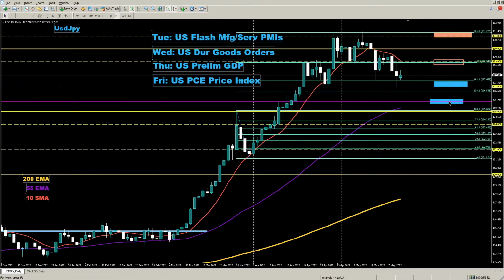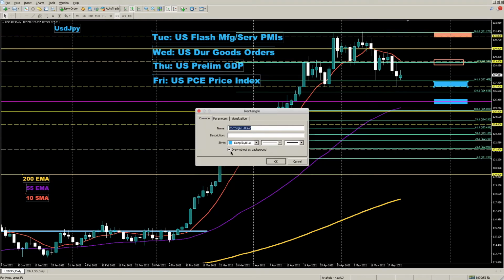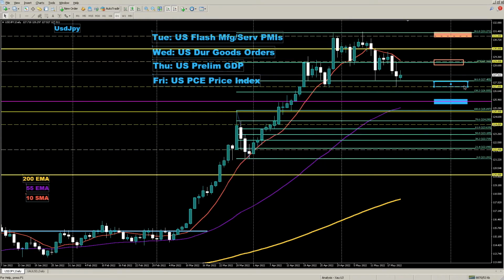Add one more level here. That's a significant support, and mark this as an interim support now.